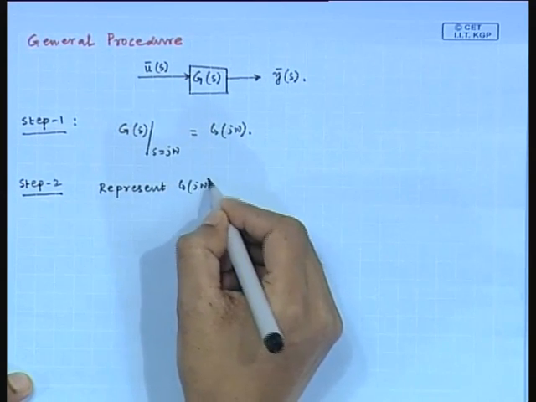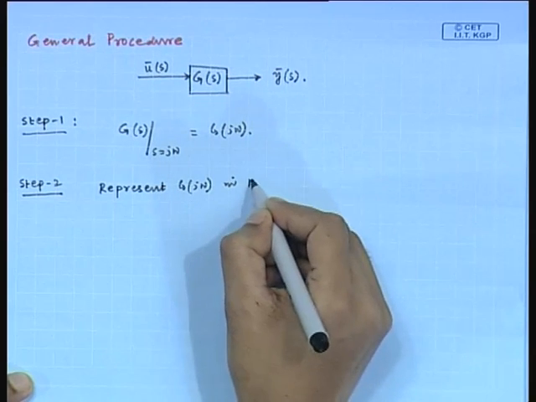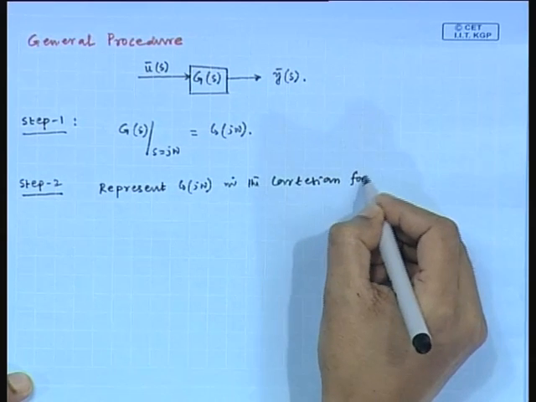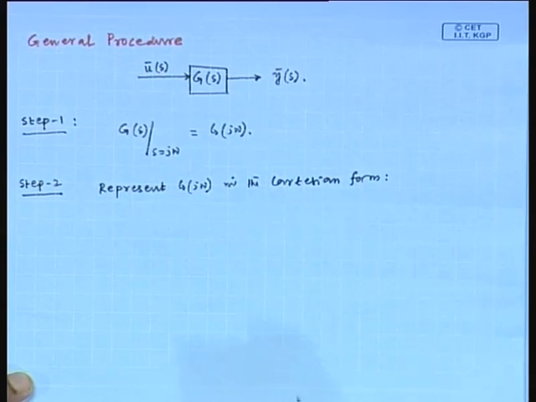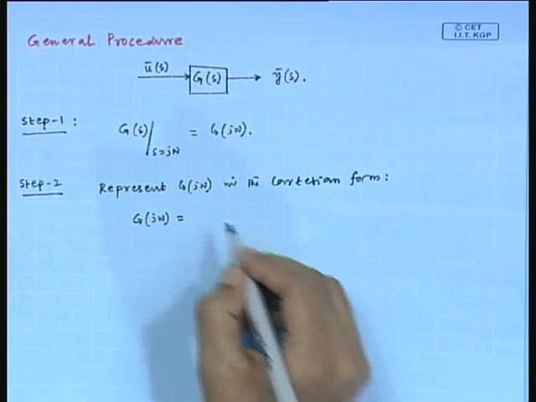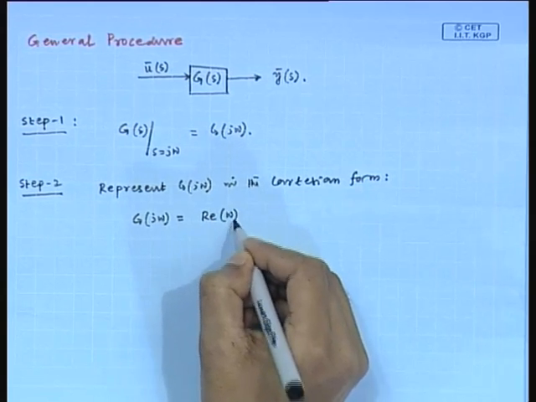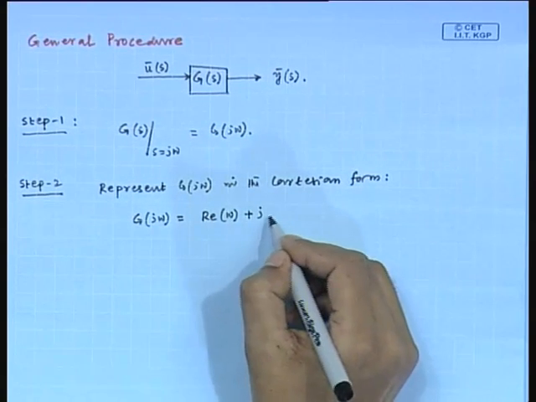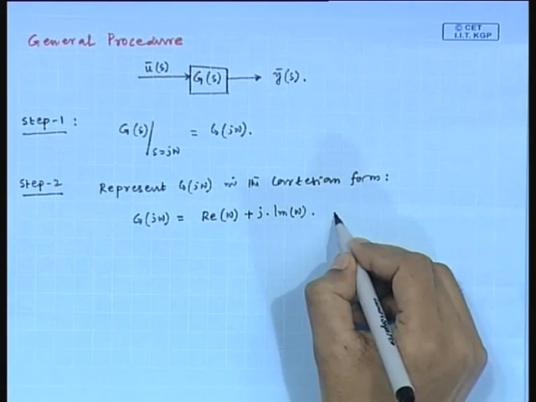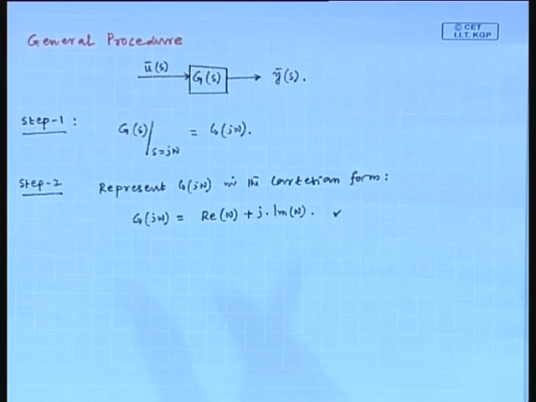That means G of j omega equals real part plus imaginary part multiplied by j. Now, by this way we can clearly identify the real part and imaginary part. This is step 2.